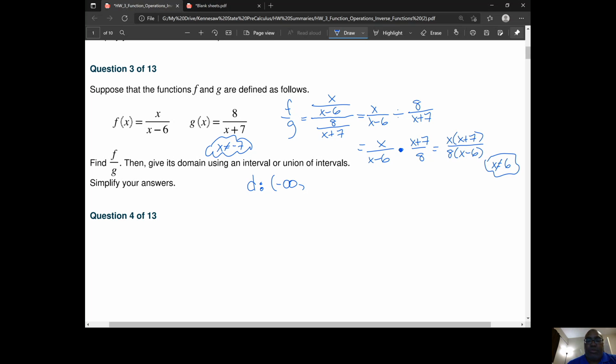Those can't be there, so we make our whole domain around those two things. So negative infinity to -7, union -7 to 6, union 6 to infinity. And that will be our domain.